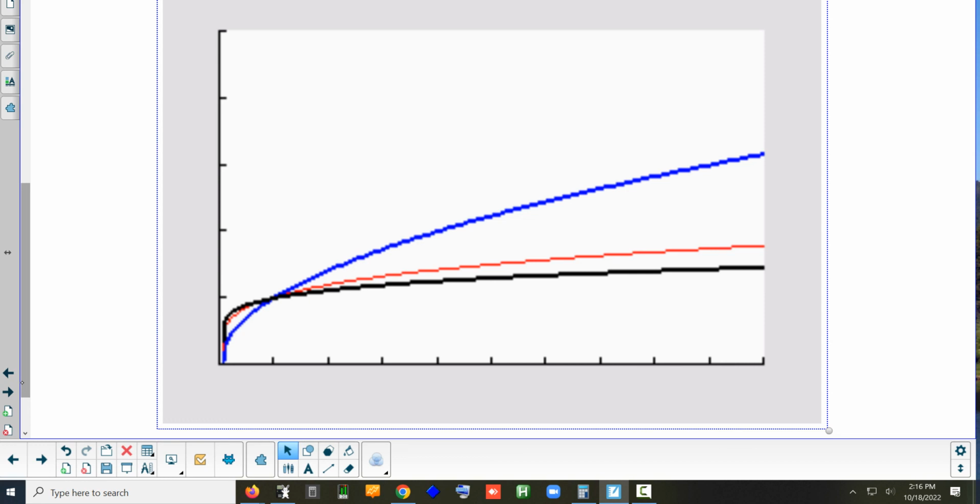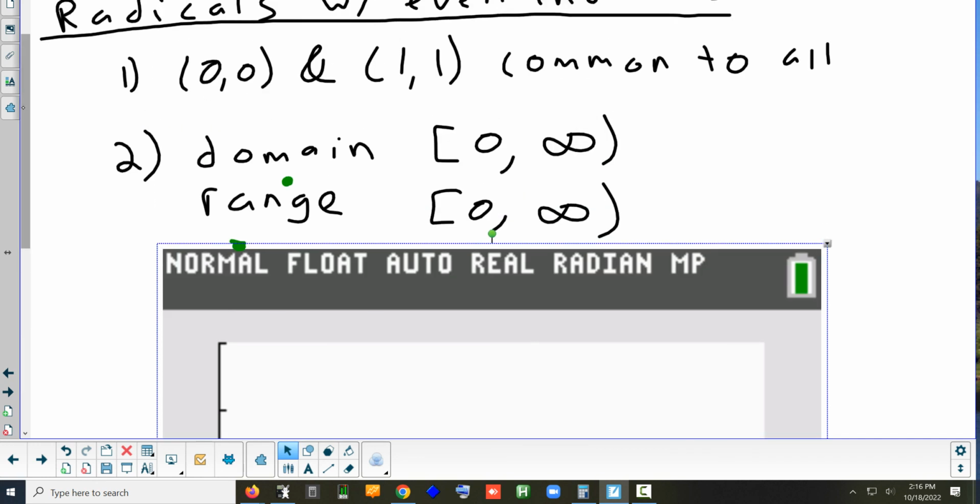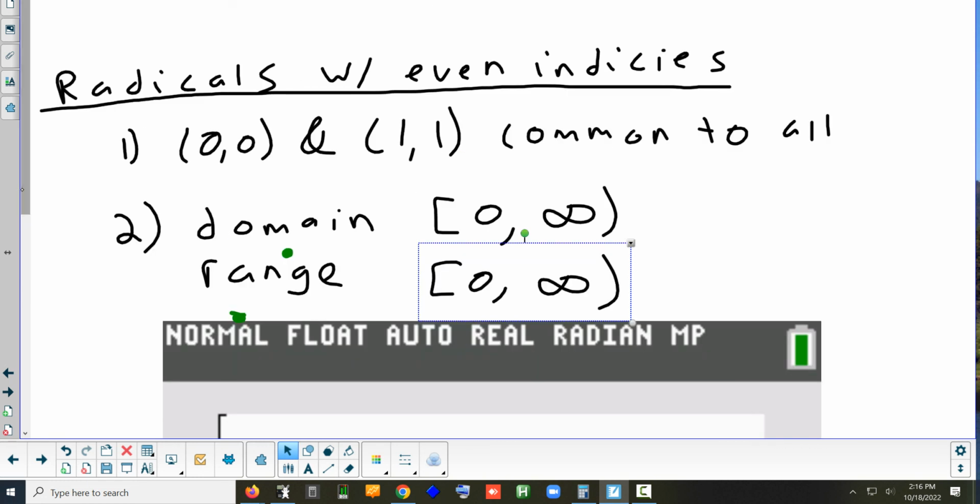Which one looks like it's curving up the fastest? The square root, the 4th root, or the 6th root? The square root. They all keep curving up. Don't think that it ever flattens out. It doesn't. It will just keep curving up, but it's slow. So it goes up forever, but it never reaches an upper limit, so that's why we put a parenthesis. Okay? So that's something that's common to all even roots.